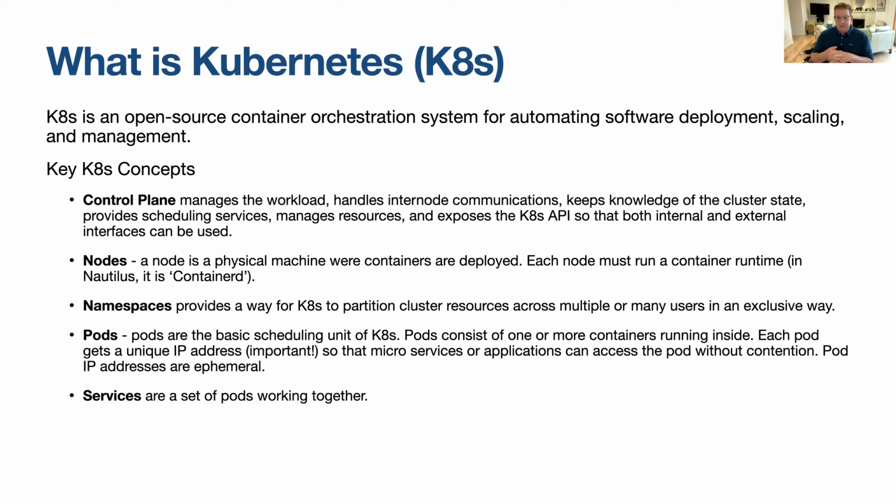Namespaces, which is something that you'll hear quite often, is a way for Kubernetes to partition cluster resources across multiple or many users in an exclusive way. So when you access the Nautilus cluster, you not only access it as a user, you access it as a member of a group which has a namespace. And namespaces allow you access to resources in the cluster.